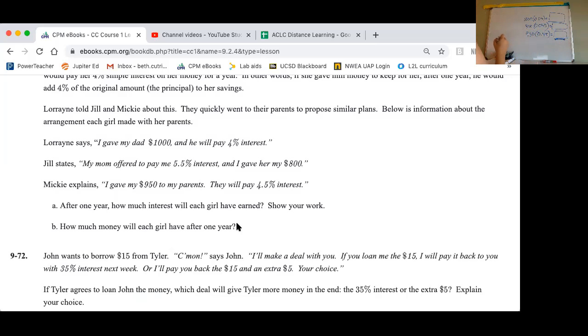So for instance, 950 times 0.045. Ooh. It's $42.75 interest.